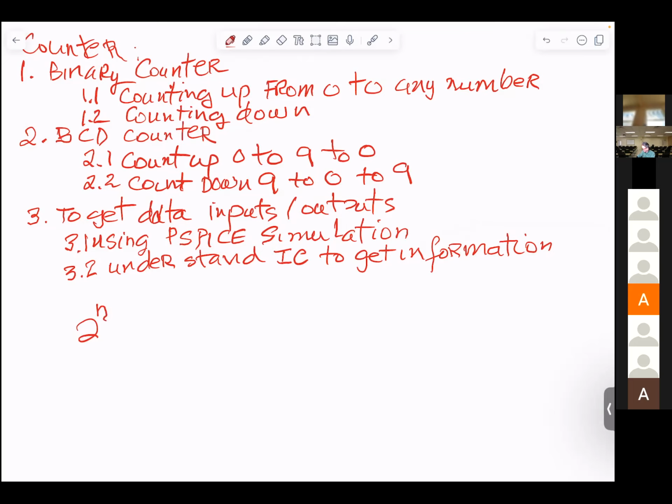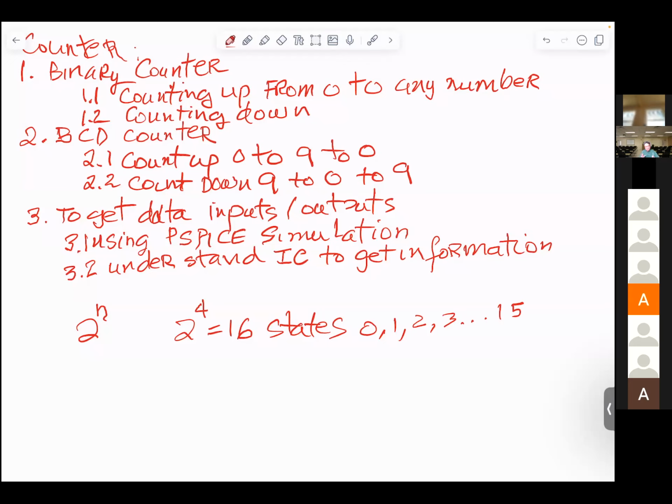That means 2 to the power of 4 equals 16, 16 states. 0, 1, 2, 3, up to 15. The thing is, you start from 0 to 15, that means you get 16 states. Decimal starts from 0.